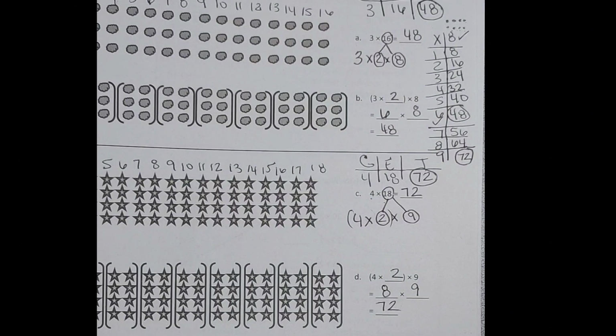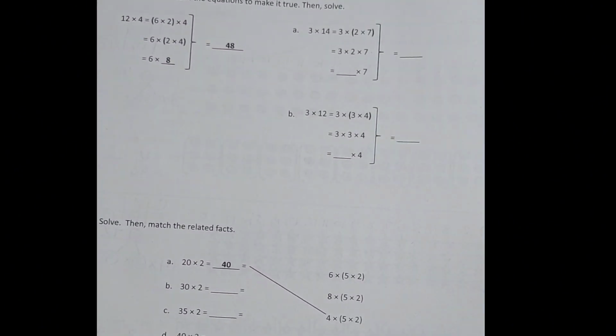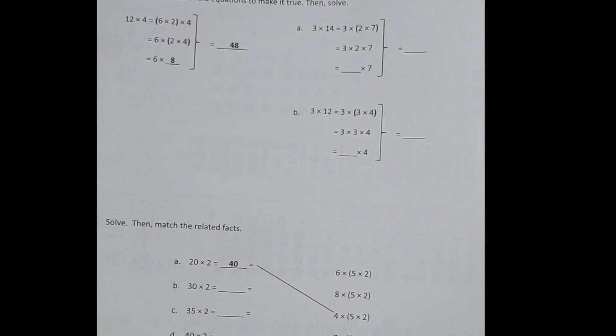All right. Now the homework is 2 pages, front and back. That was the front. This is the back. All right. It says place parentheses in the equations to make it true, then solve. We did the same thing for lesson 11.